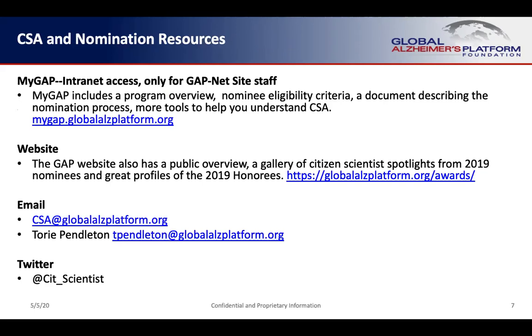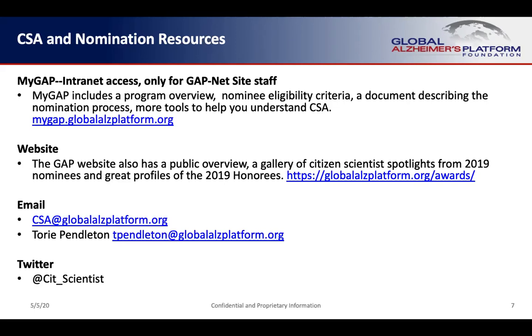CSA and nomination resources. The first resource that we have provided for you is MyGap, which is the intranet access only for GapNet site staff. MyGap includes a program overview, nominee eligibility criteria, a document describing the nomination process, more tools to help you understand CSA. MyGap.globalausplatform.org.